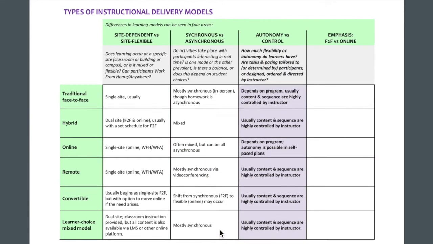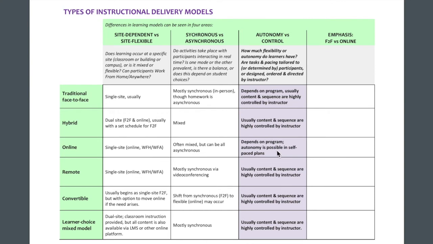Next, we'll look at autonomy versus control. And I think in most of these, as it says in all of them, content and sequence are usually highly controlled by the instructor, who determines what's going to happen and when. But as it says here, it depends on the program, so you may have some degree of autonomy.